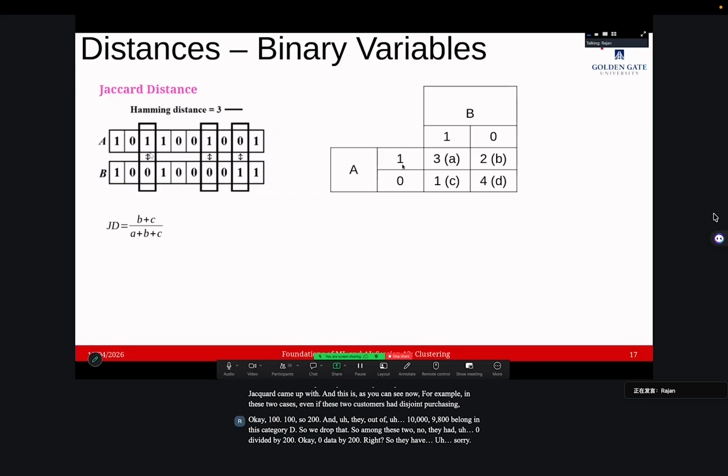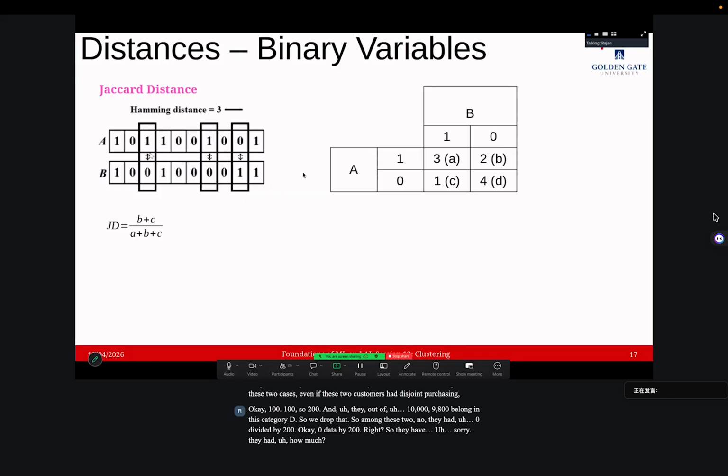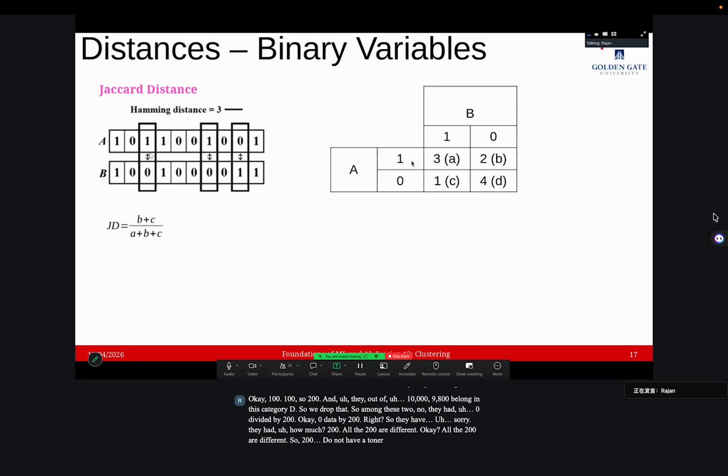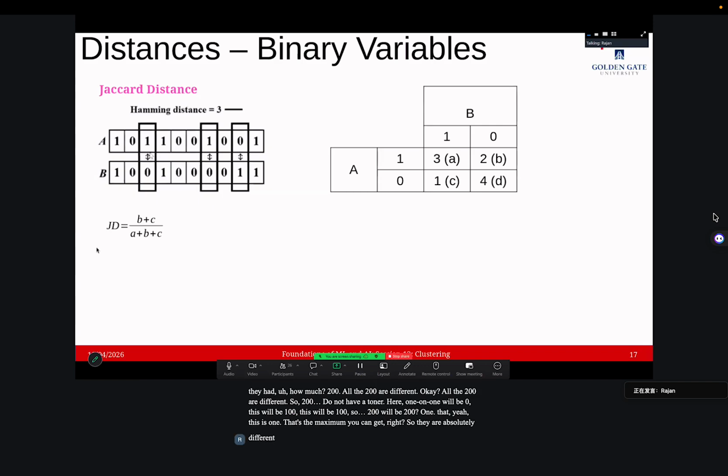All the 200 are different. So 200 divided by 200. Here, 1 and 1 will be 0. This will be 100, this will be 100. So 200 by 200, 1. Their Jaccard's distance is 1. That's the maximum you can get. So they are absolutely different customers.